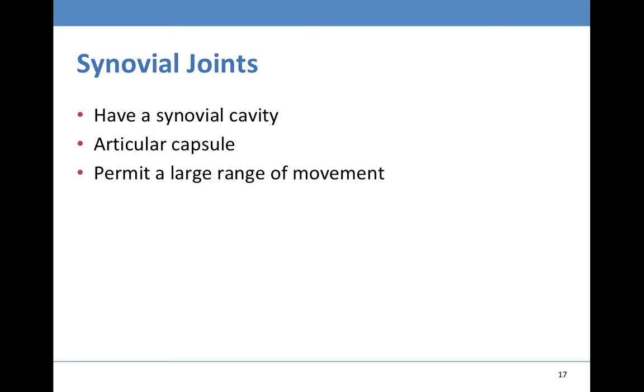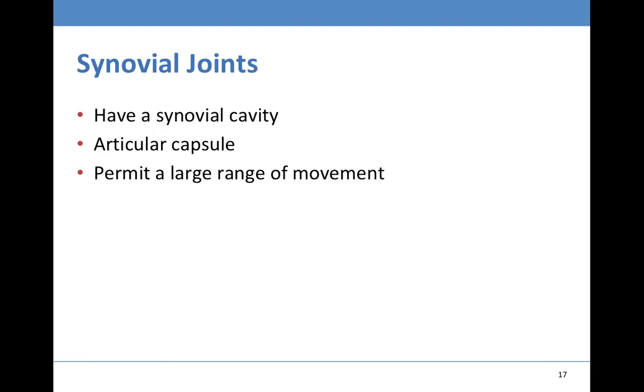We'll also have this synovial or joint cavity between the articulating bones, and these joints will be freely movable or permit a large range of movement. By permitting a large range of movement, that means we classify them functionally as diarthrotic or diarthroses.